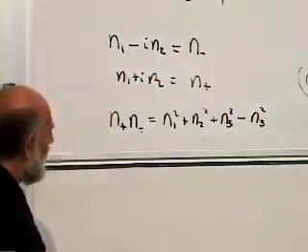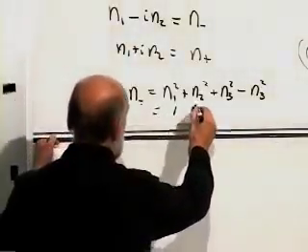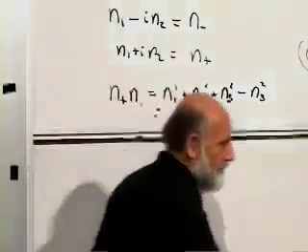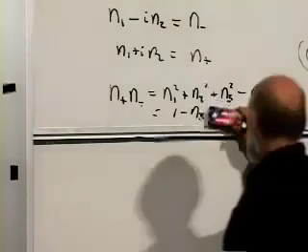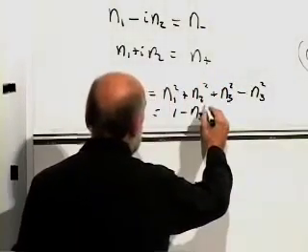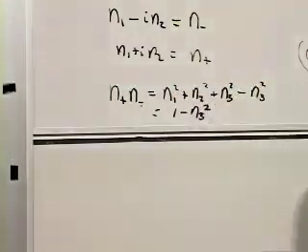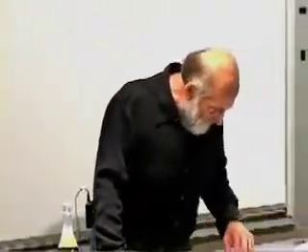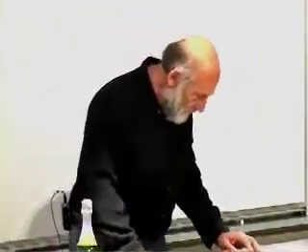I haven't changed it. And now I see that n plus n minus is equal to 1 minus n3 squared. I don't want to square the whole thing, I only want to square the n3. That's a useful little algebraic fact that, if you do the homework, which I'm going to assign, you will use over and over again. But it's not anything deep, it's just a little algebraic fact.